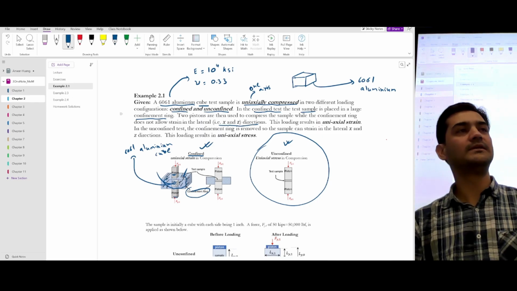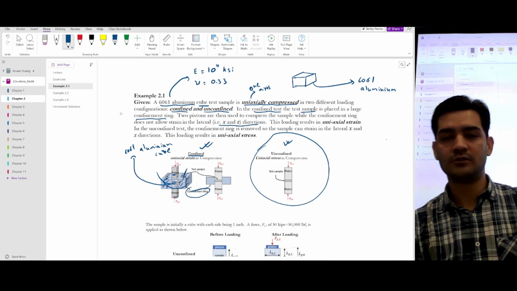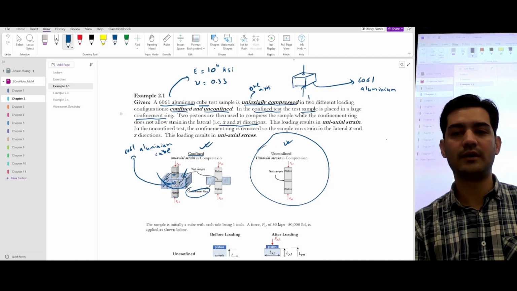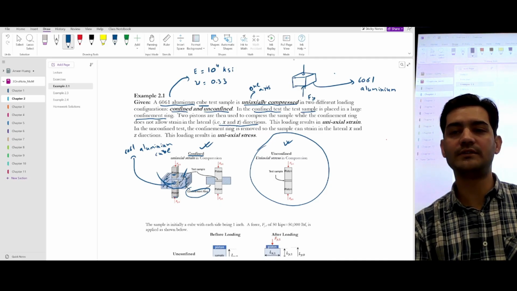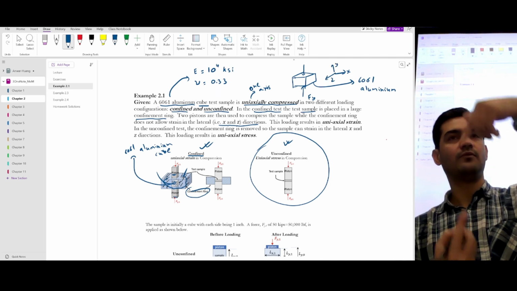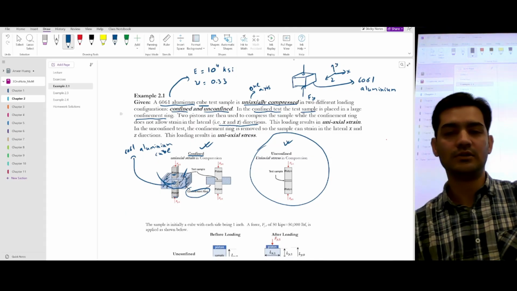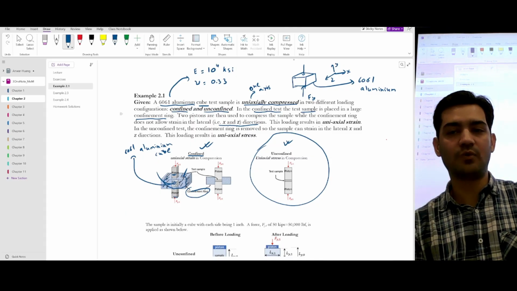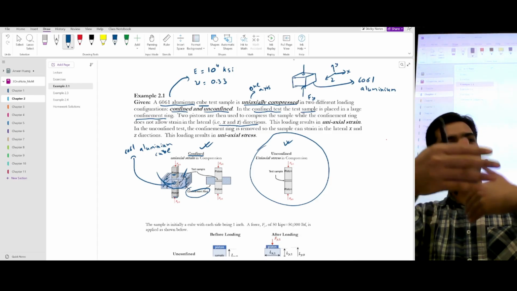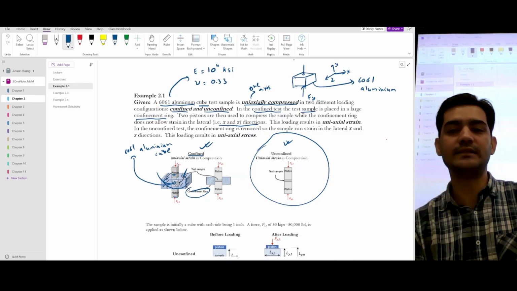So the piston will apply a force Fy. If this is x direction, this is y direction, this is z direction. So this is force along y direction. So the piston will apply a force Fy, but you will not see lateral strains in x and z direction.